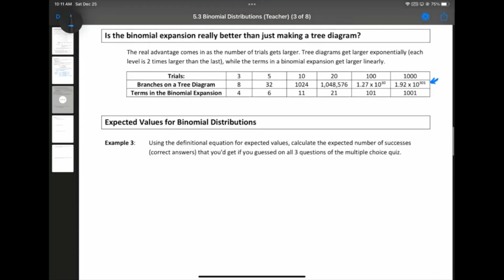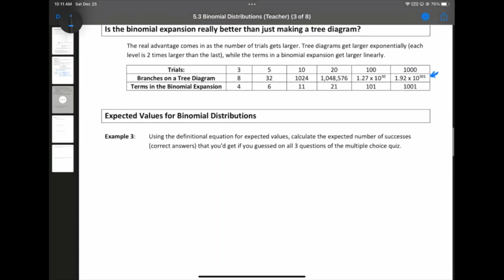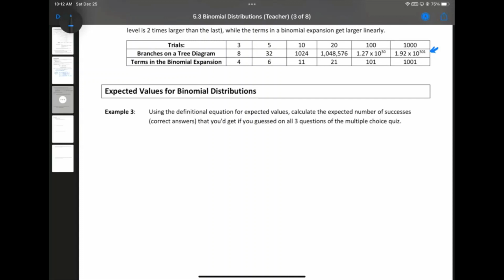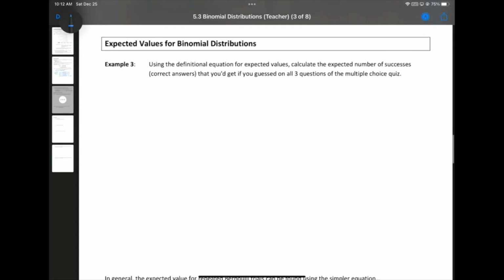Okay, let's do expected value for binomial distributions. For example 3, we're using the definitional equation for expected values to calculate the expected number of successes that you'd get from guessing all 3 questions on the multiple choice quiz.